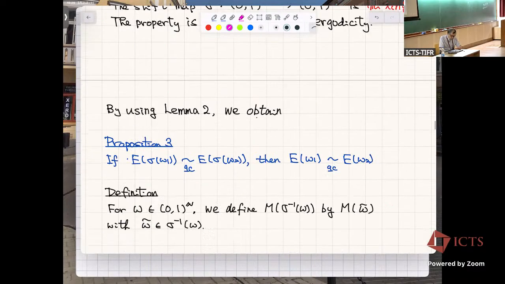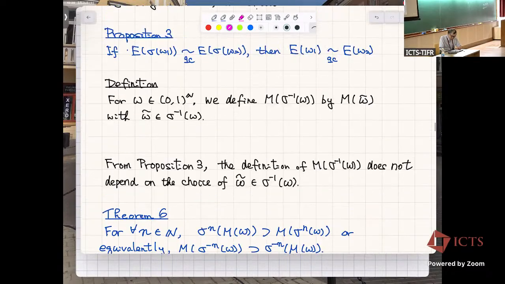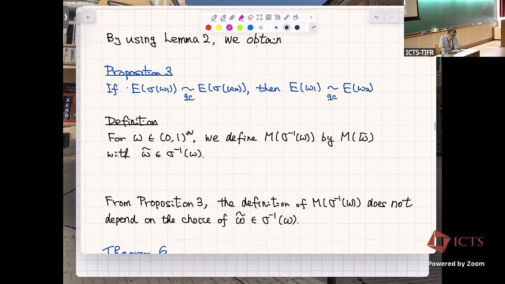Okay, so I do not have much time. First we analyze the action of sigma on our Cantor set. First of all, we show that if the image of the shift is quasiconformally equivalent, then omega 1 is also QC equivalent. We can prove this theorem by using Lemma 2.